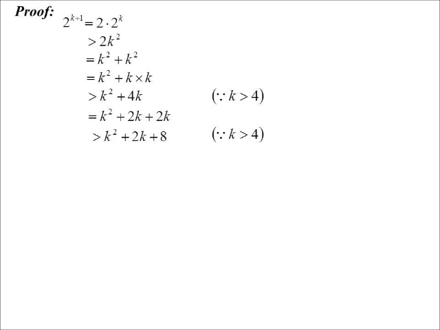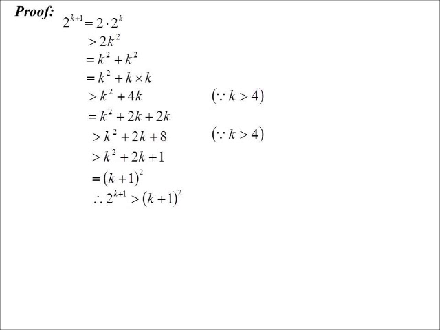Now, last time I checked, 8 is bigger than 1. So if I've got k squared plus 2k plus 8, and it's bigger than that, well, it's certainly bigger than k squared plus 2k plus 1. And of course, that equals k plus 1 squared. And so I now have the result that I'm looking for. So yes, indeed, 2 to the power of k plus 1 is greater than k plus 1 squared.